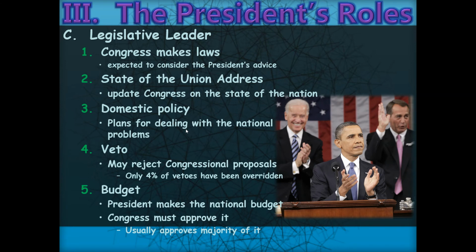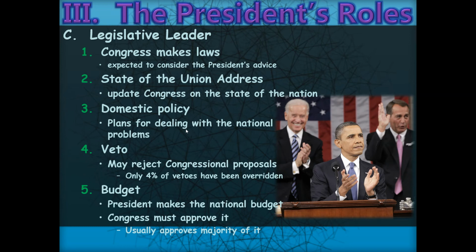Okay, the last thing is the president is expected to create a budget, and it's then up to Congress to approve that budget. We hear a lot of times about bickering between Congress and the president over a budget. However, the majority of the budget is usually approved by Congress.